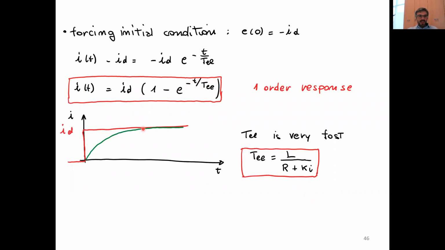And the way it converges to the steady state reference, that is the desired current, is dictated by the electrical constant that we saw. It's very fast by itself. In general, we can make it even faster because we can increase this gain a lot, and we can reduce the electrical time constant, increasing the convergence speed of the electrical dynamics.